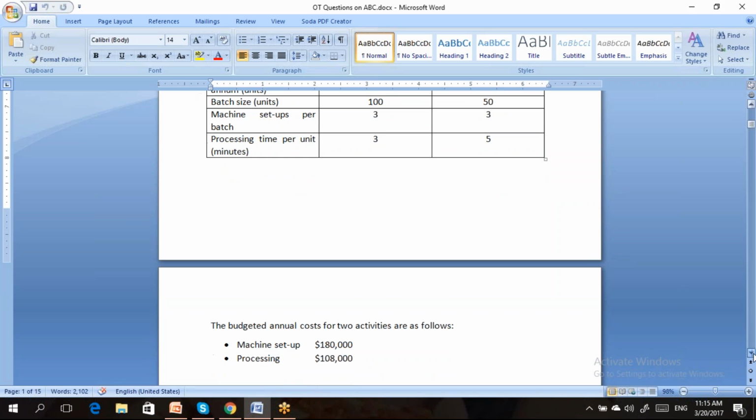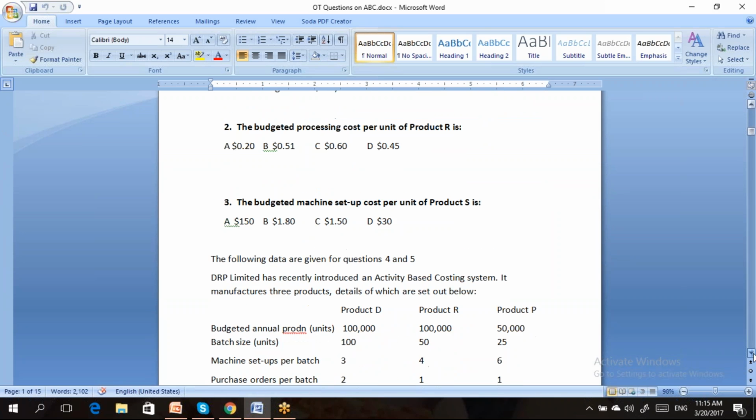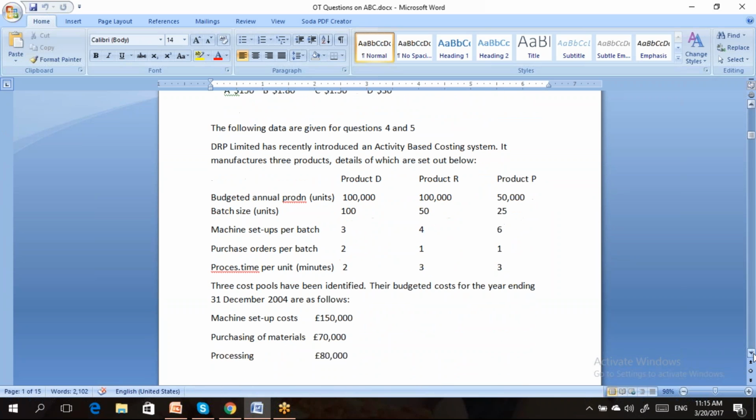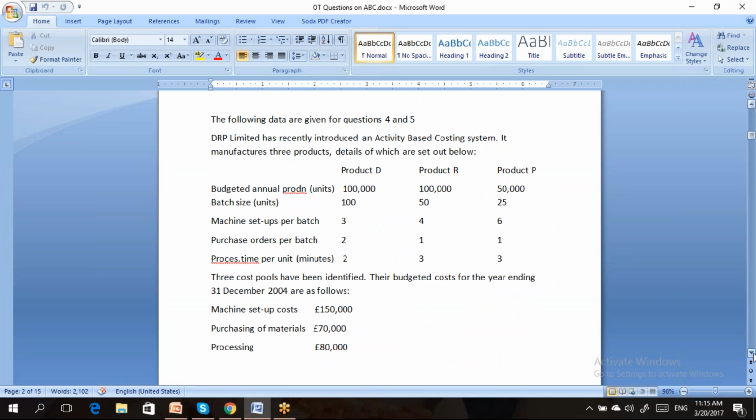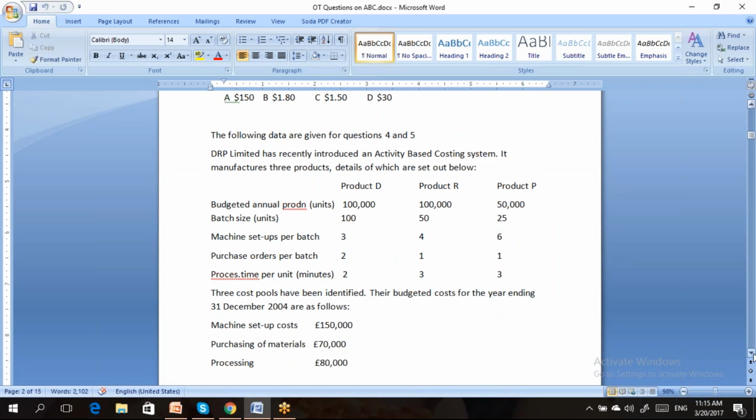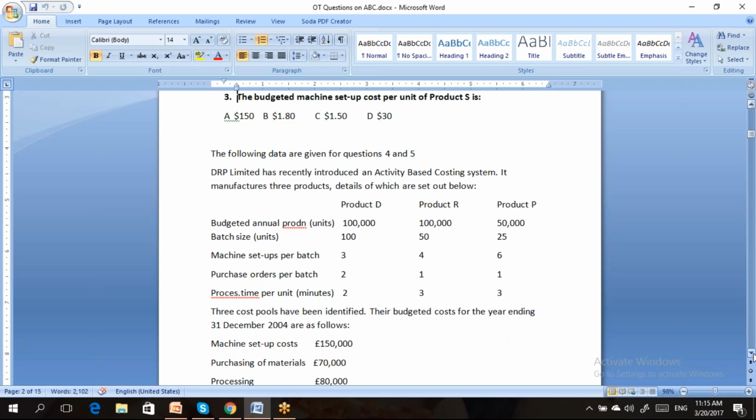Then we have this one. What happened here? This one was a big question. I did not have the whole answer here. I had the setup cost per batch.